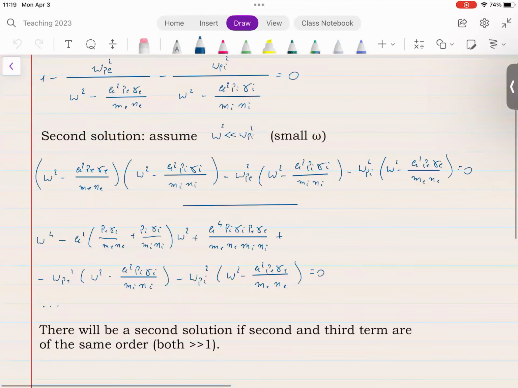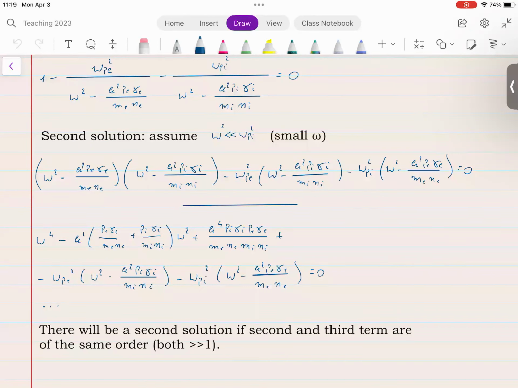Well, then, looking up here, we see that if you assume that the ion and the electron pressure are roughly the same order and the densities are of the same order, of course, the mass of the ions is much larger than the mass of the electrons.